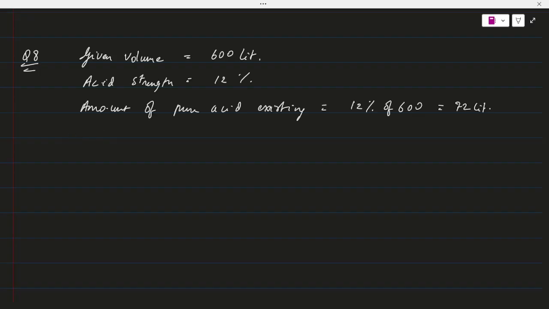Now, we are adding some 30% acid solution and we do not know how much it is. So whatever the unknown quantity is, we'll be taking it as X. That is, let the volume of 30% acid solution to be added be X liters.